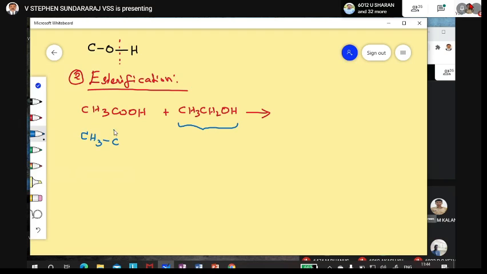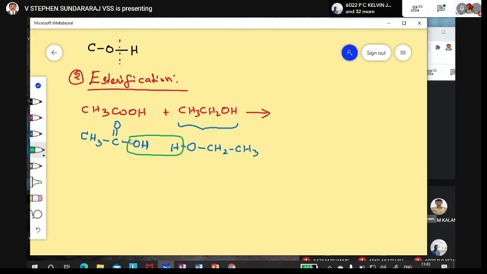Remember that the acid will be like this, and the alcohol will be like this, CH2CH3. Let it be any alcohol. Now what happens? This OH bond only will break. I am not telling you it has been proved experimentally. How it was proved, I will tell you later on.